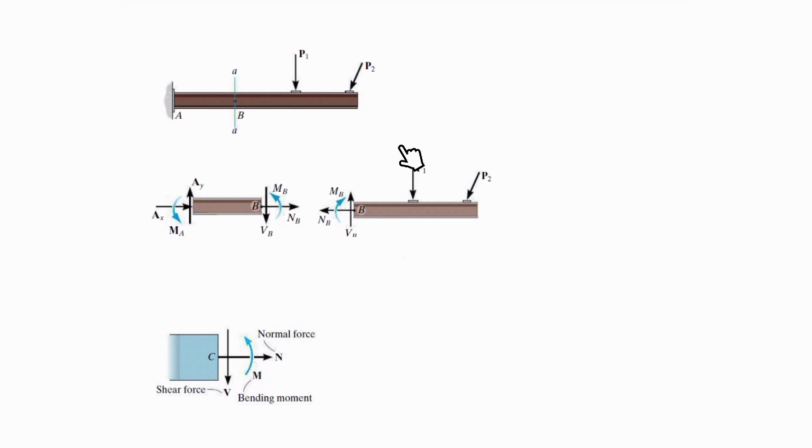This is static, meaning that all the parts are in static equilibrium, and we have three equations for each one of these, meaning that if I solve this, I have three equations and I can find three unknowns here. If I can find these three unknowns, these are also obtained.